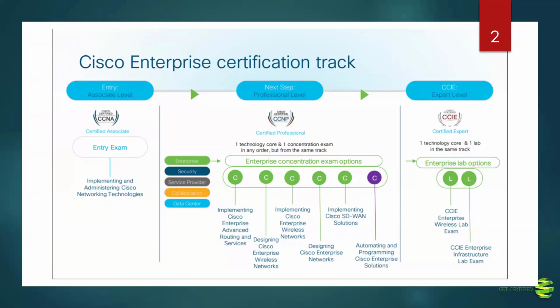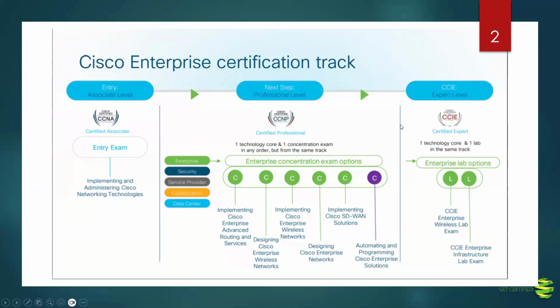But also, the second and third concentration exams are Designing Cisco Enterprise Wireless Networks and Implementing Cisco Enterprise Wireless Networks. If you take one of these concentration exams, you get more detail about wireless infrastructure, and then maybe you are interested more in that, and you can go for CCIE Wireless. You don't need to pass another exam for that purpose. Your ENCOR exam enables you to book the CCIE Enterprise Infrastructure or CCIE Wireless exam.